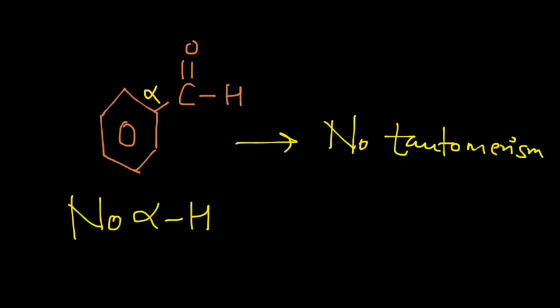But what if we have something like this compound? Can this show tautomerism? Yes. Why? Because the alpha carbon present on the right hand side has alpha hydrogen atoms. There are no alpha H on the left carbon atom, but on the right we have 3 alpha hydrogen atoms.